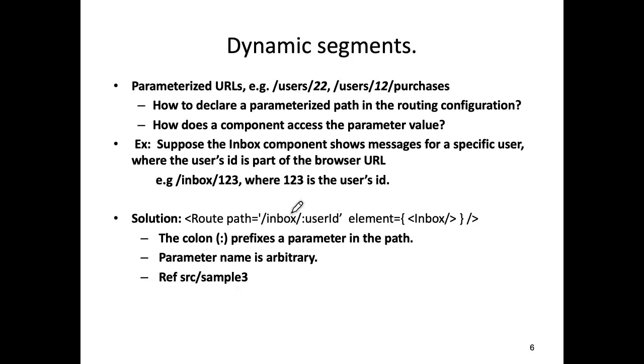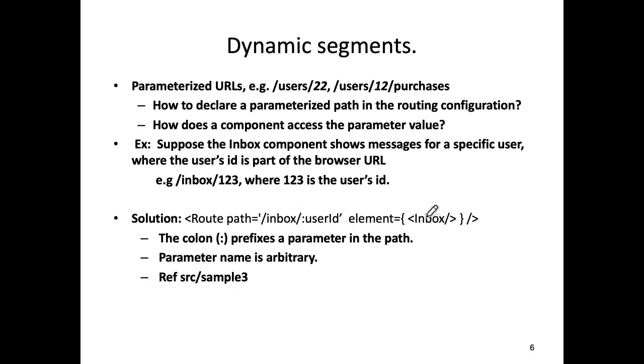Whereas inbox is going to be static, the value here can vary from time to time. And I've decided to give a name to the parameter, and I've arbitrarily decided that userId is the name of the parameter. And I still want the inbox component to be mounted.